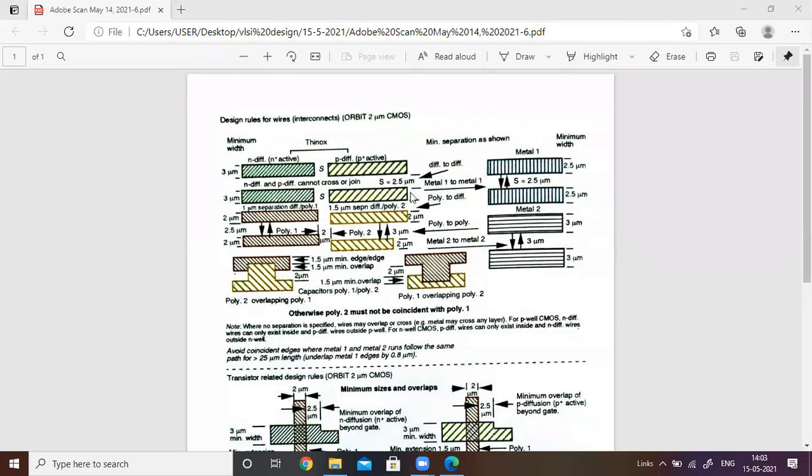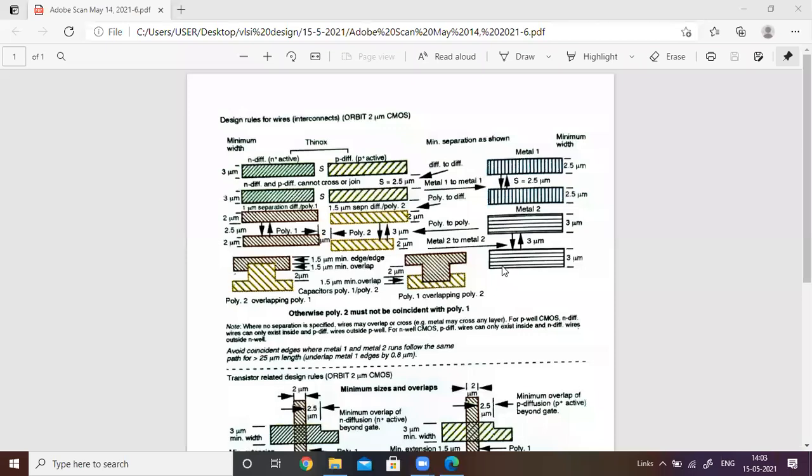In the previous classes we discussed lambda based design rules, but now we are concentrating on these different technologies: 5 micrometer technology, 2 micrometer technology, and 1.2 micrometer technology.